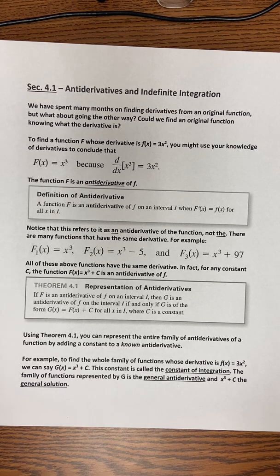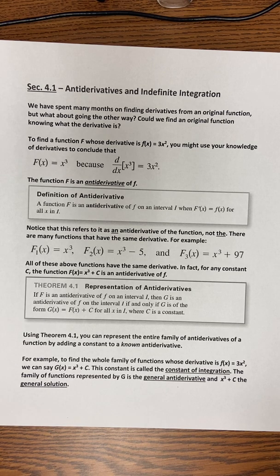Now, the reason we say an antiderivative and not the antiderivative is because there are a lot of different functions whose derivative is 3x squared. Our general definition is that a function F is an antiderivative of f on an interval I when F prime of x equals f of x for all x in I. They're basically saying as long as the derivative is 3x squared over the whole domain, it's fine.